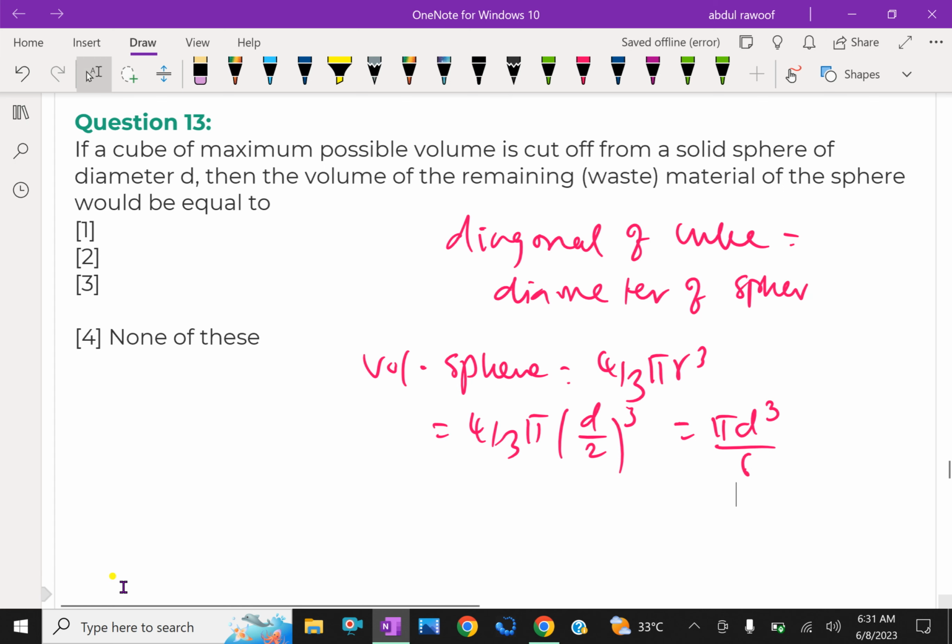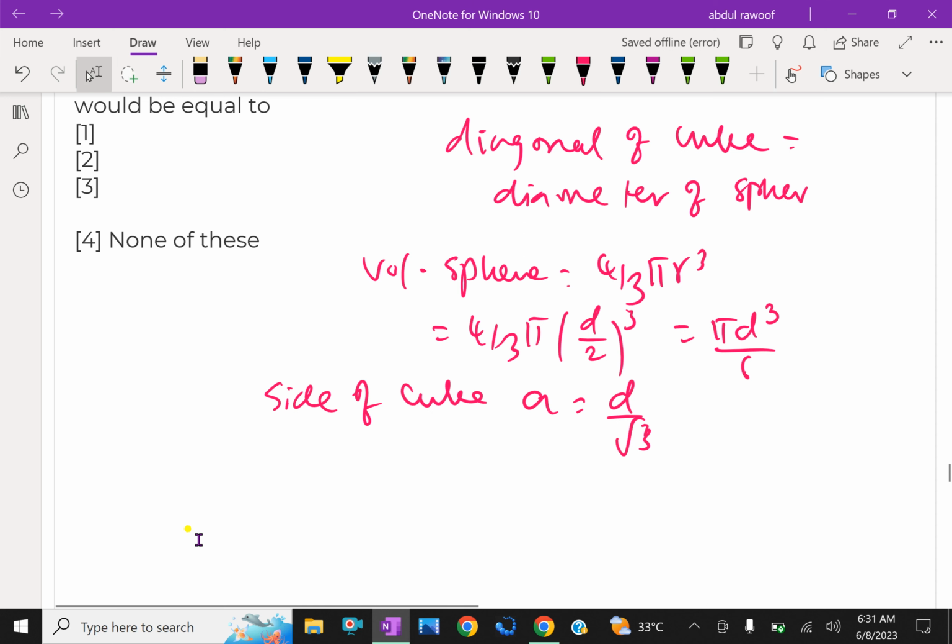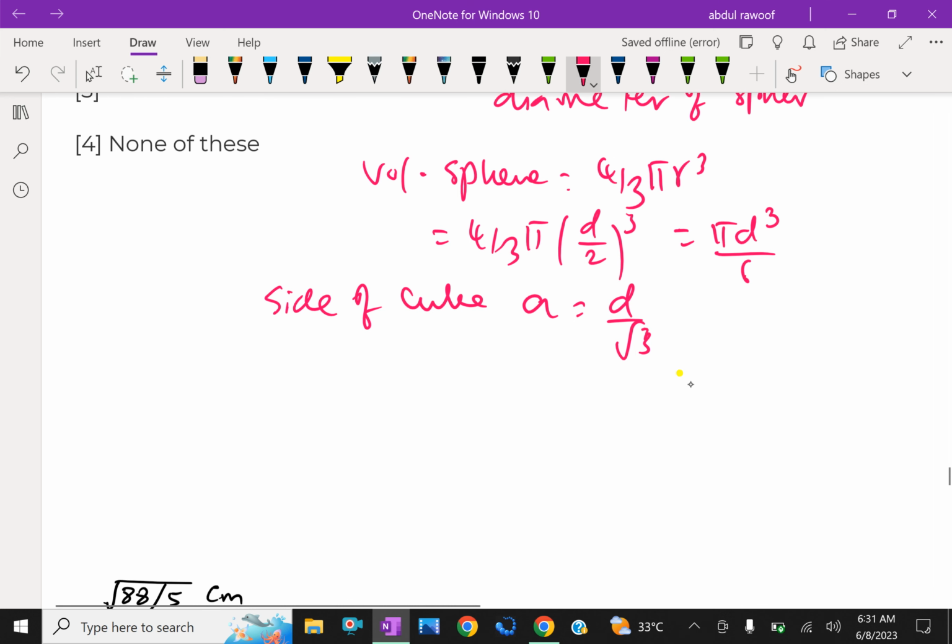Now the side of the cube a is d by root 3. Side of the cube is the diagonal of the cube divided by root 3. Therefore, volume of cube equals a cube, which is d by root 3 whole cube.